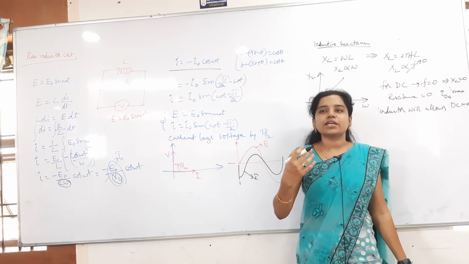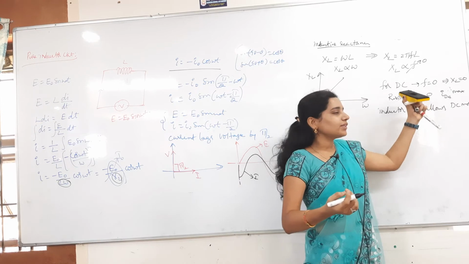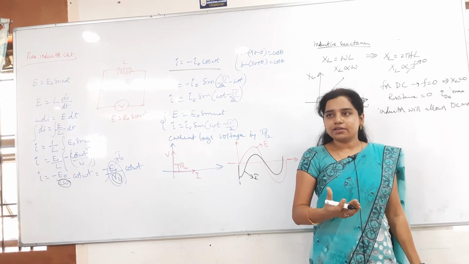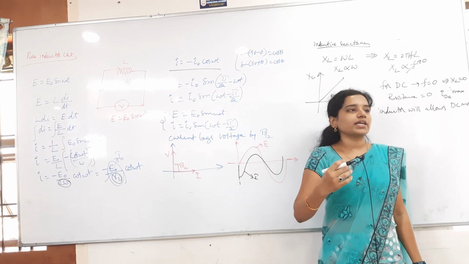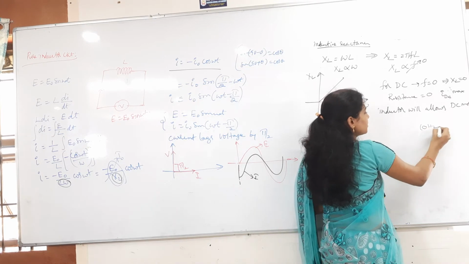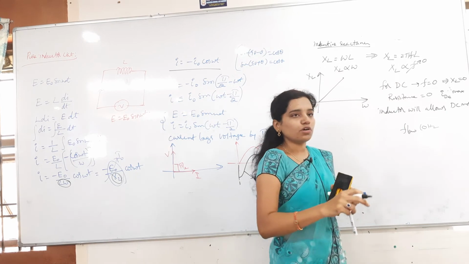For example, if I take AC, the frequency will be high. If I take a low AC frequency, say only 10 Hertz, then XL is also low.